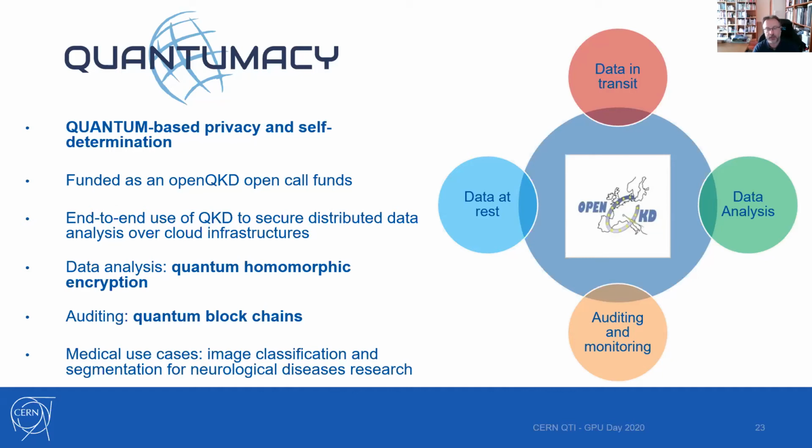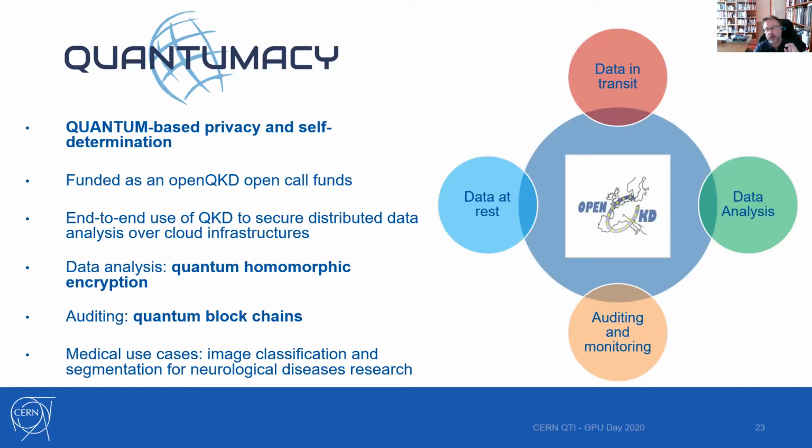OpenQKD is a project funded by the European Commission to design and investigate the feasibility of deploying pan-European quantum key distribution links for secure data transfer. And we have recently been awarded a small sub-project as part of OpenQKD to investigate how to use quantum key distribution on a proof of concept of an end-to-end data analysis pipeline.